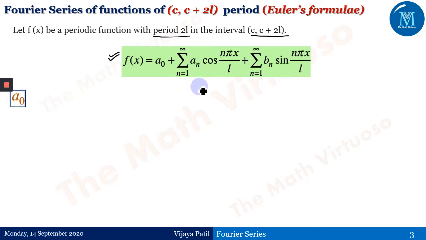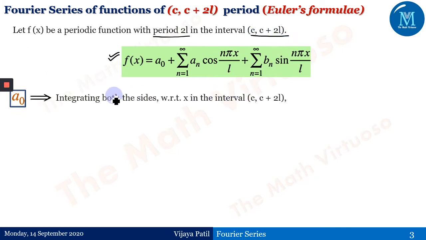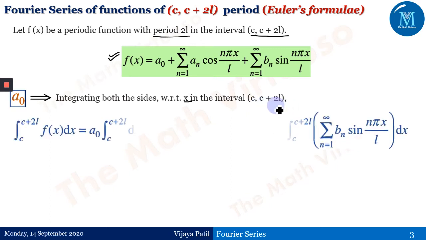Now suppose we have to find a0 with the period 2l in the interval c to c plus 2l. What we have to do is integrate both sides of this equation with respect to x over the interval c to c plus 2l.